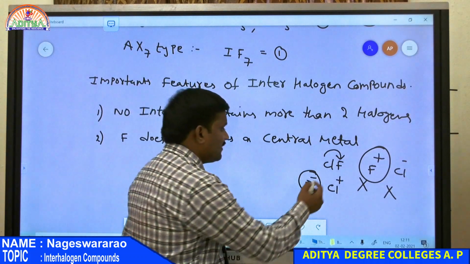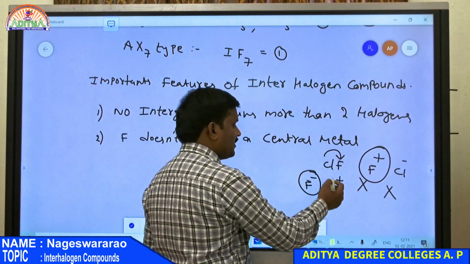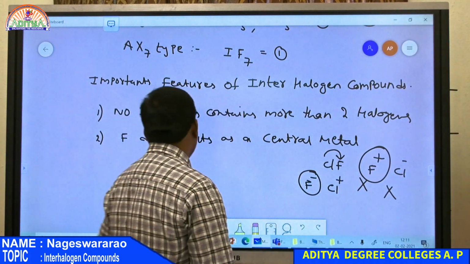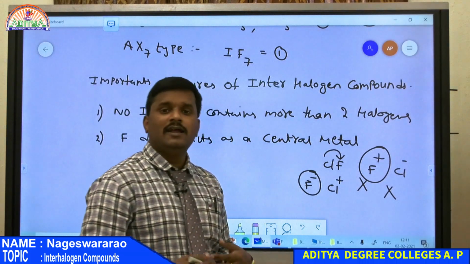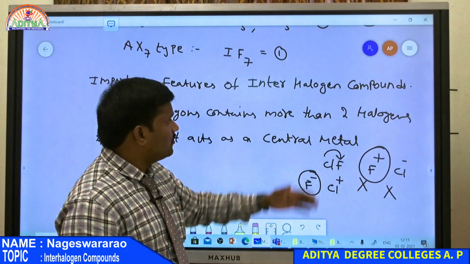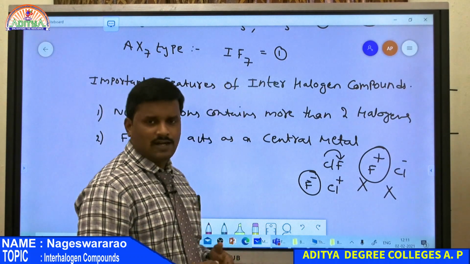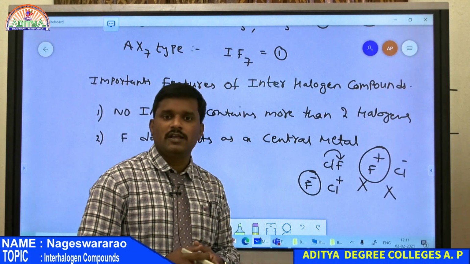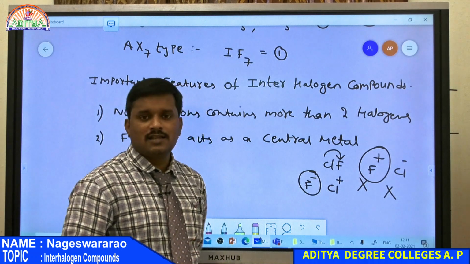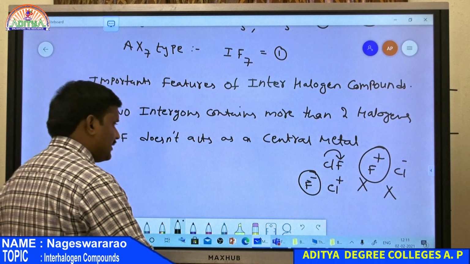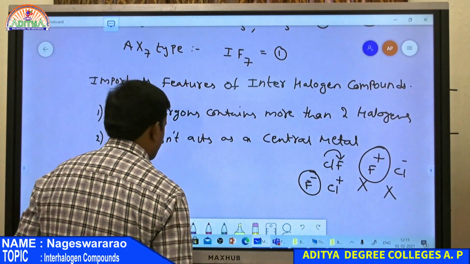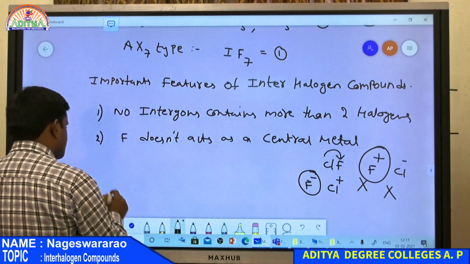Therefore F becomes F minus and Cl becomes Cl plus. Therefore fluorine does not act as a central metal atom in any interhalogen compound. So that is the second characteristic property of interhalogen compounds.